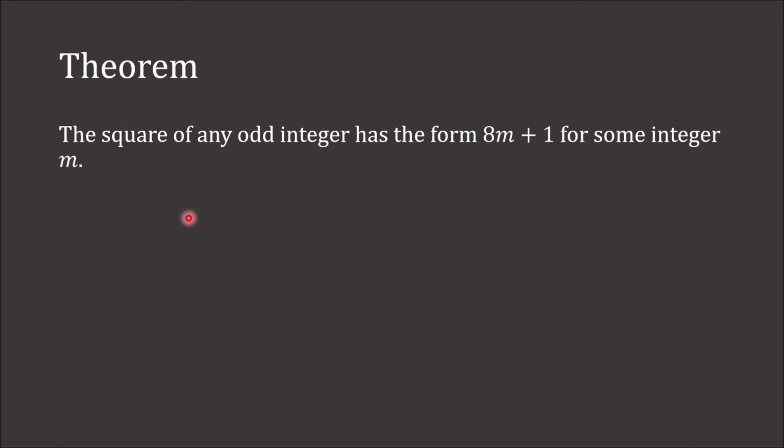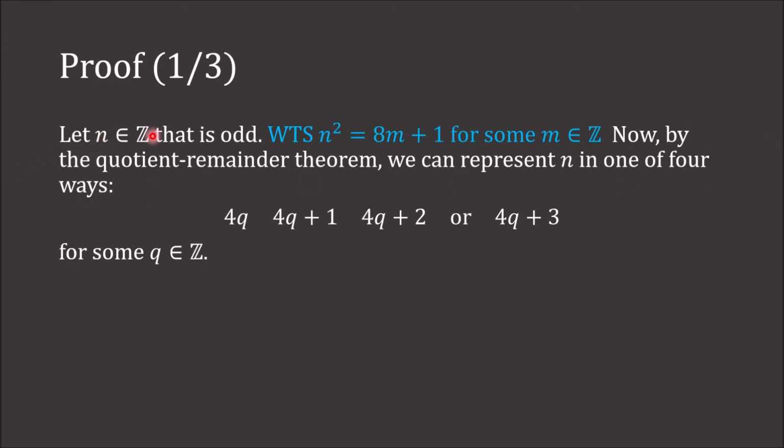So if we assume that n is an odd integer and use n is 2q plus 1, it's not going to work. Through some work, we can show that we need to start with the divisor of 4. We let n be an integer that is odd. What we want to show is n squared is 8m plus 1 for some integer m.